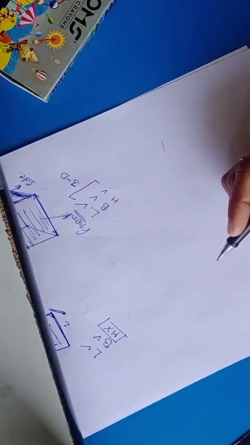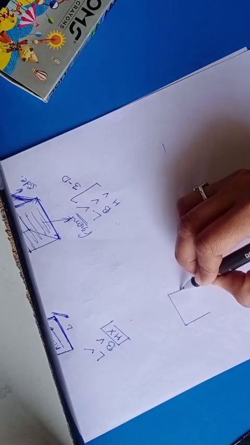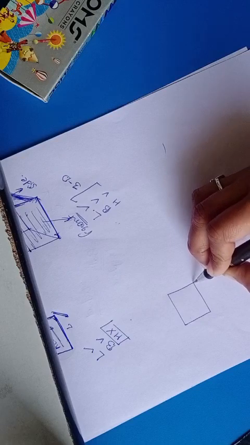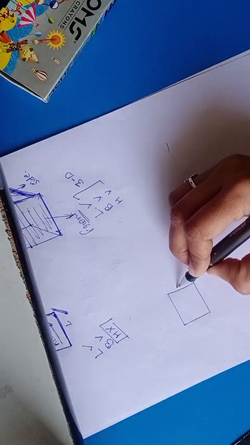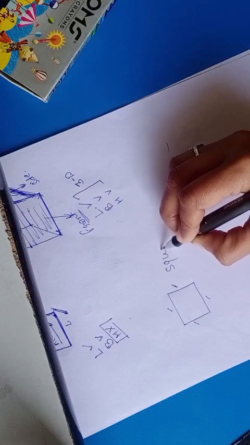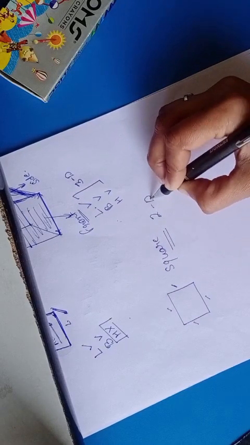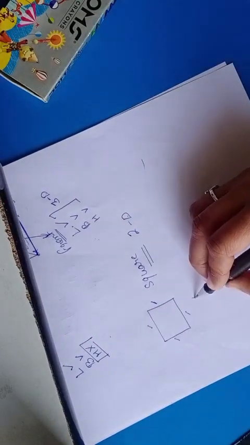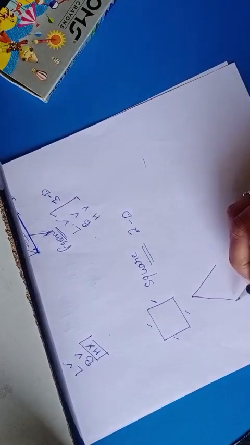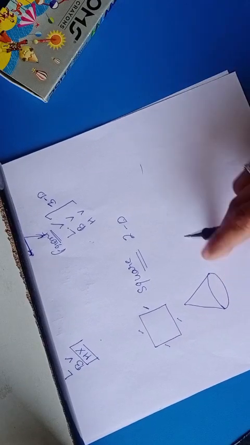Now, according to our previous class, we will discuss some shapes. This figure, which has all sides equal, is called a square, and this is 2D. And this is a cone, which is an ice cream cone.